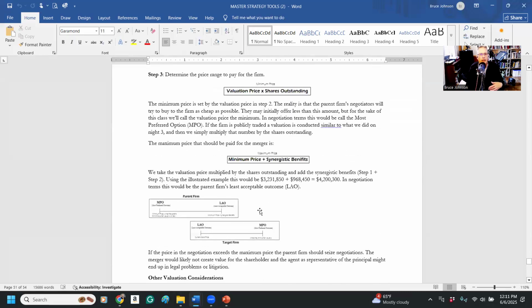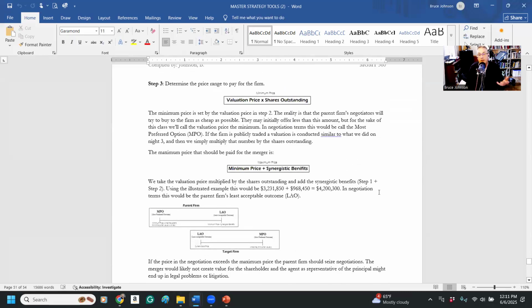In that process, we also do a stock valuation if we're acquiring, or a valuation of the firm. Once you do that, it sets the negotiation terminology of what's called an MPO and an LAO. An MPO is the most preferred outcome, so that would be paying as little as humanly possible. The least acceptable outcome would be the value of the acquired firm plus the synergistic benefits.